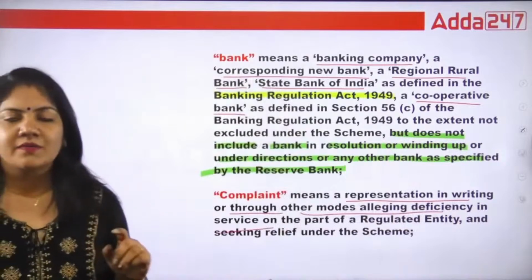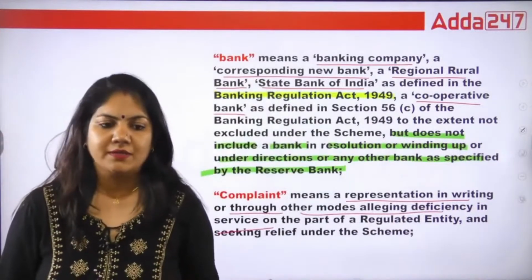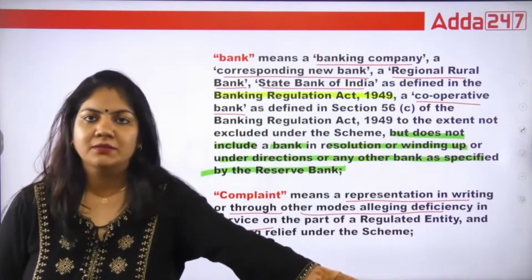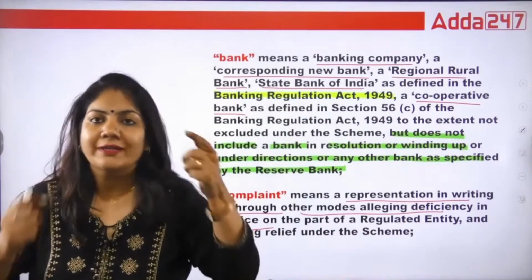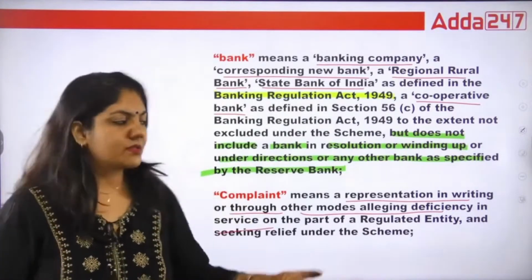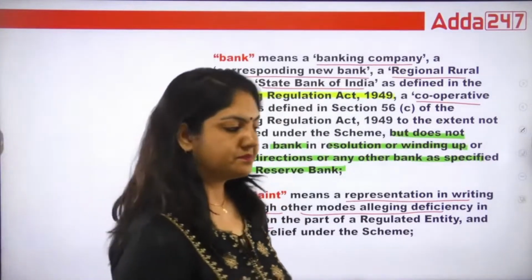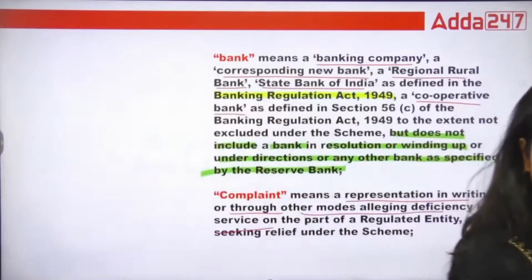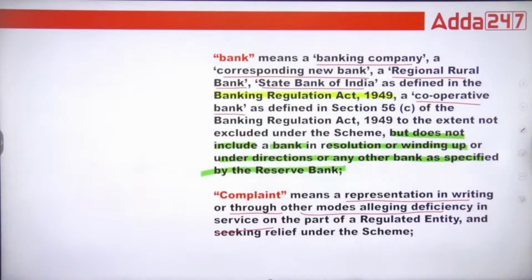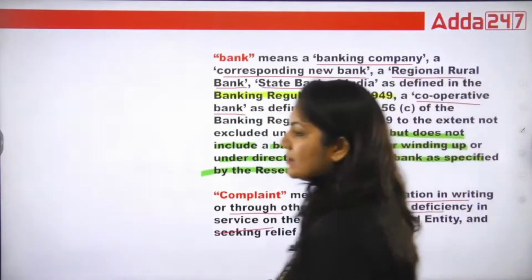It means if a customer is not satisfied, he can complain against the regulated entity to the ombudsman. So this is called complaint, and it should be in writing. That's it.